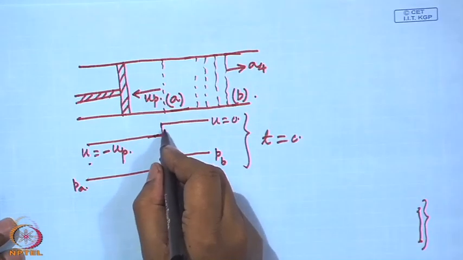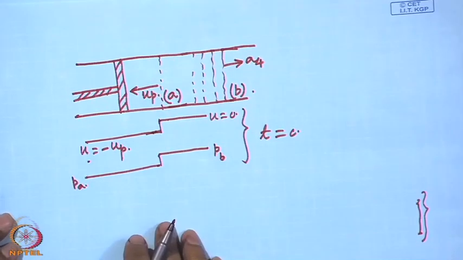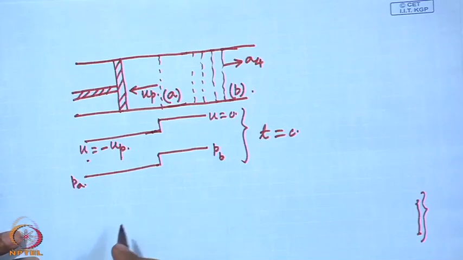An expansion wave develops instantaneously. However, the expansion wave begins to flatten as soon as the wave starts propagating.